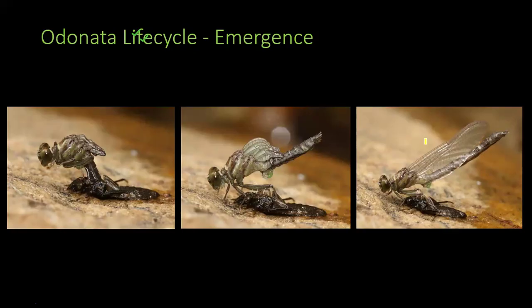That's all they can do. So because of that, in most species this process happens very early in the morning, sometimes even at night. In certain other species, you can see them emerging even during the day, sometimes even around noon.